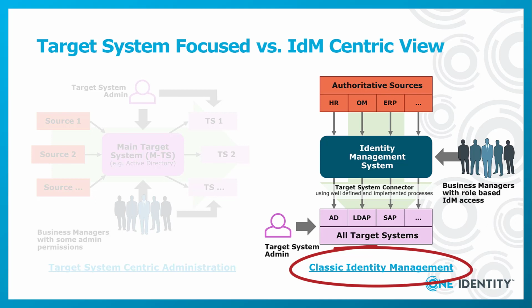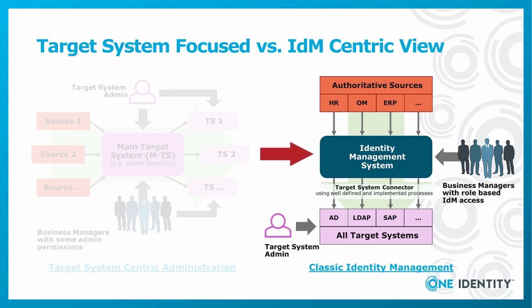In this specific approach, we have one system more, the identity management system, and we have a clear structure. First of all, there exist what we name the authoritative sources. Authoritative sources could be an HR system, an organizational management system, and so on. And they deliver data which is authoritative for the identity management system.